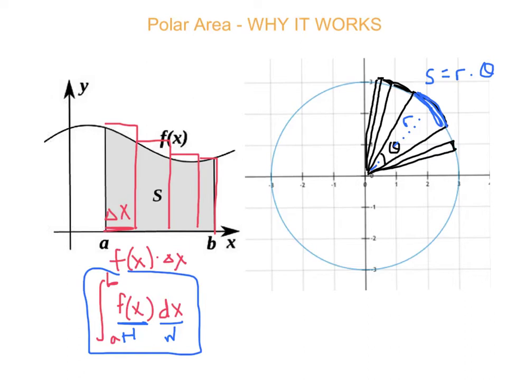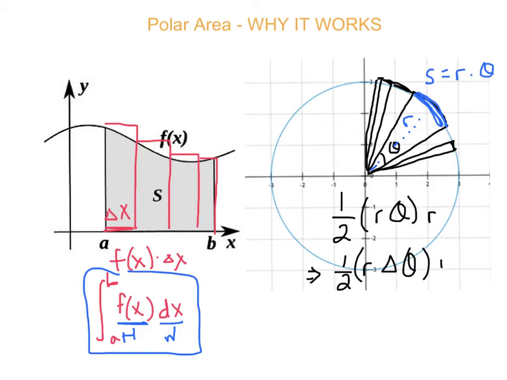And they have an area of 1/2 the base, which we called r theta, multiplied by the height, which is r. Well, of course, in this case, theta is getting smaller and smaller, so we say, well, 1/2 r delta theta multiplied by r, because we want these thetas, these angles, to get very small up here.